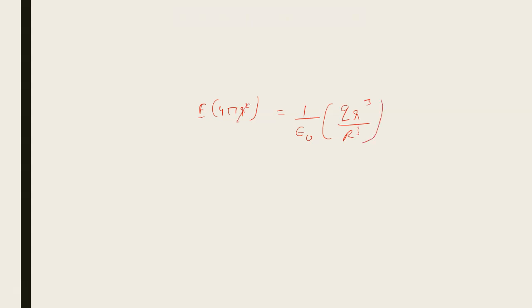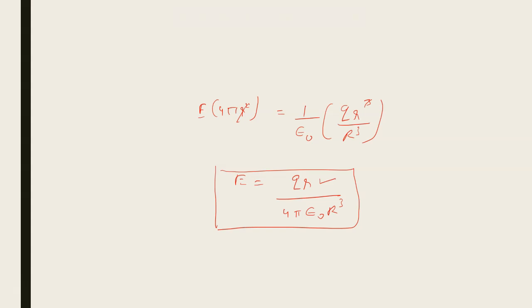So r squared cancels out, and we will get E equals Q r by 4 pi epsilon naught R cubed. So what is the conclusion? The intensity of electric field due to a uniformly charged non-conducting sphere at an internal point P is directly proportional to the distance of the point from the center.